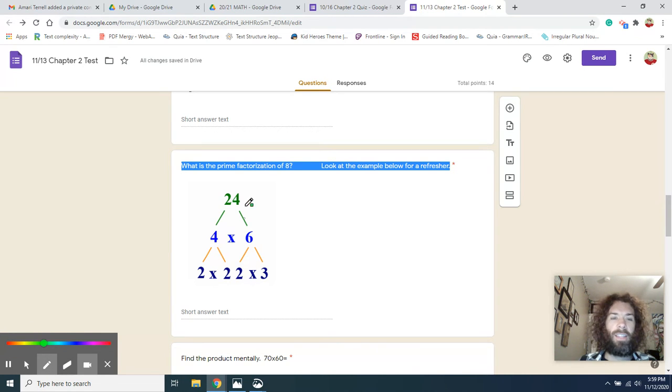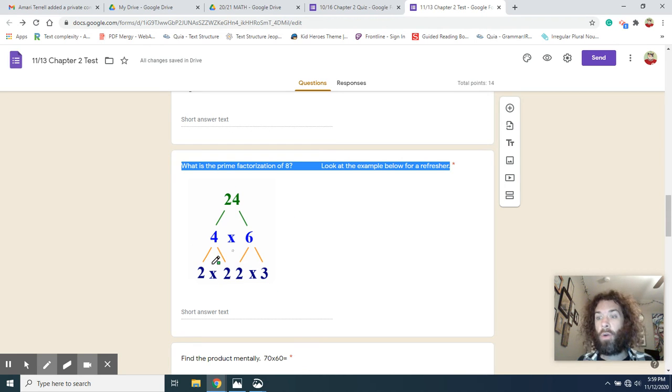Now, here's the thing. This, guys, is just the example. Don't think about this one. This is just showing you how to break it up. We are looking for the prime factorization of 8. So I want you to start by thinking like this. 8, we're going to split it up into something times something.